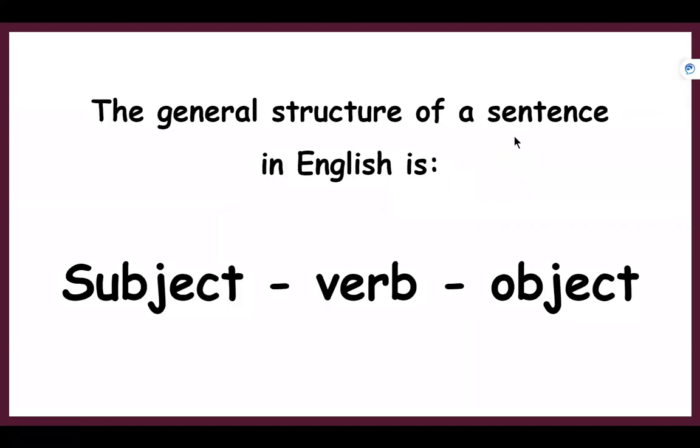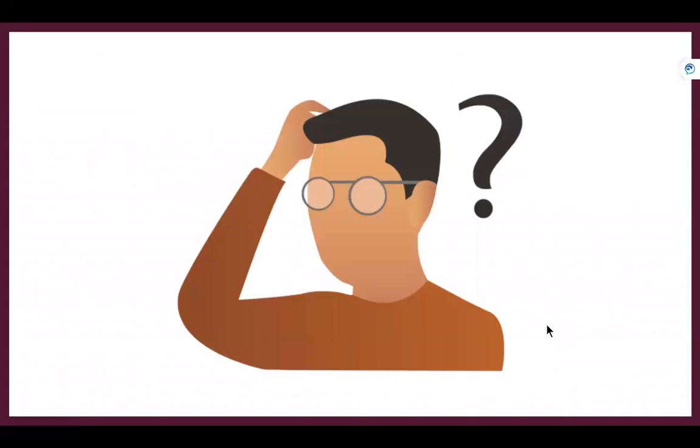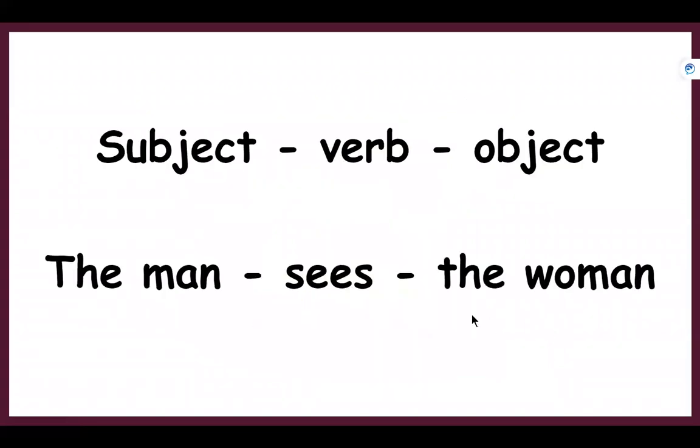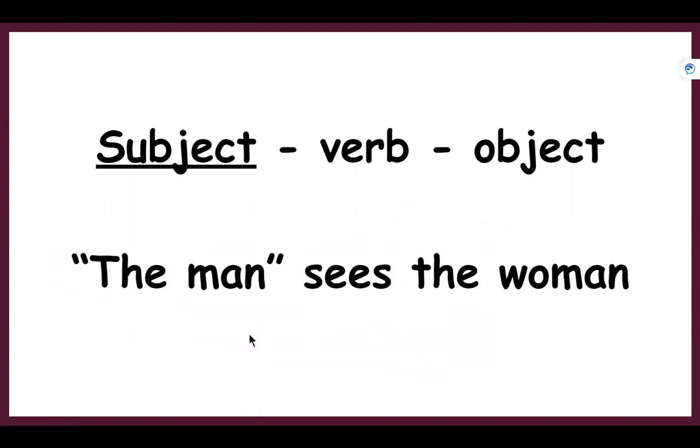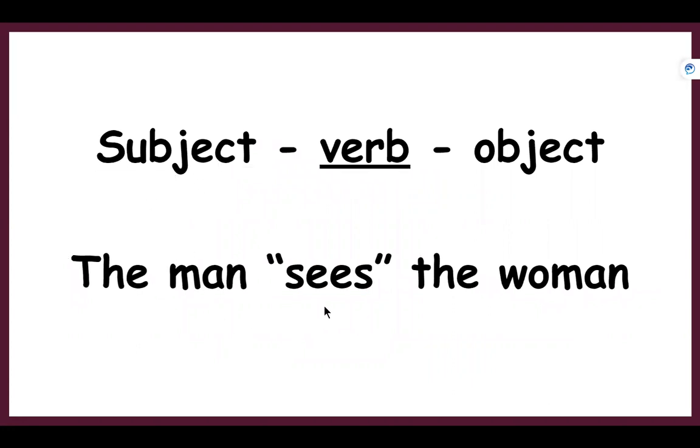Okay, so the general structure of a sentence in English is subject, verb, object. So subject, verb, object, like a sentence, the man sees the woman. The man is the subject. Sees is the verb.